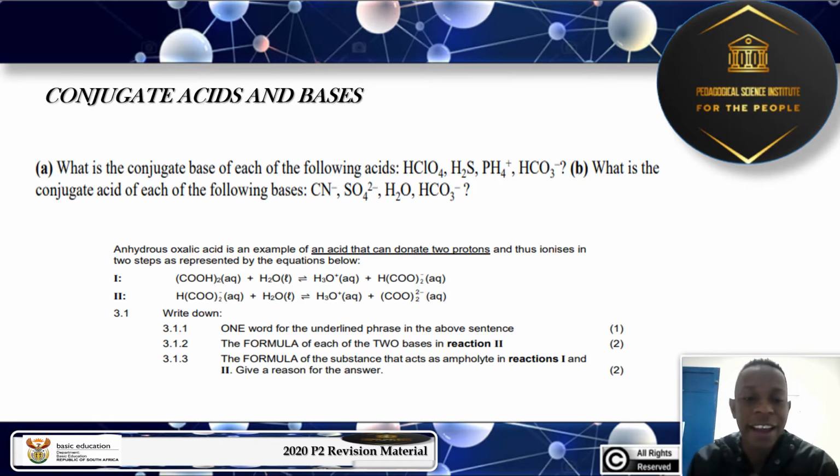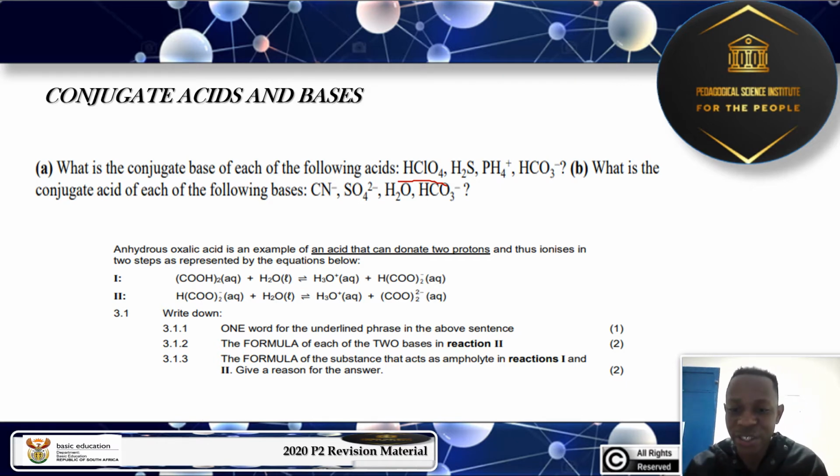Here we are given acids, and we need to give the conjugate base. We'll start with HClO4. HClO4 is an acid, and we need to provide the conjugate base for this acid.